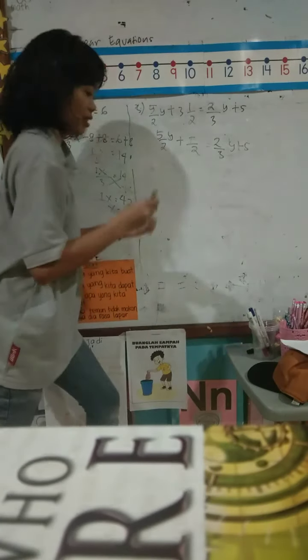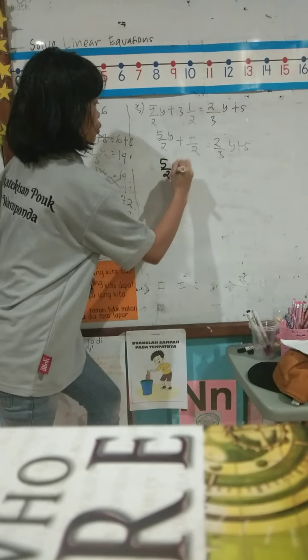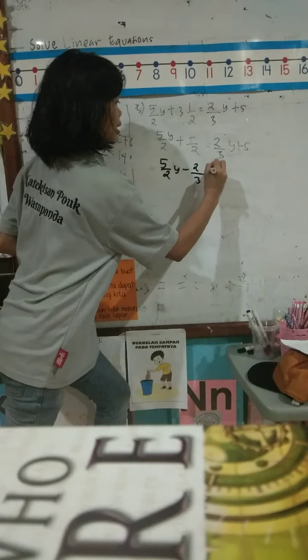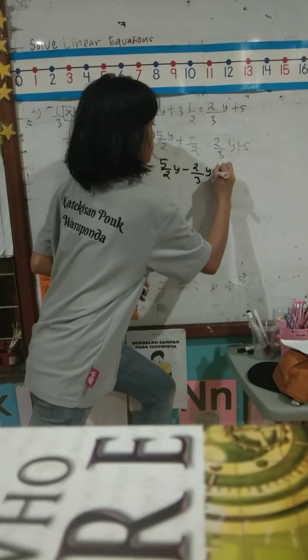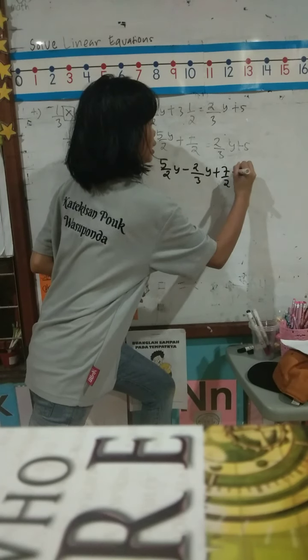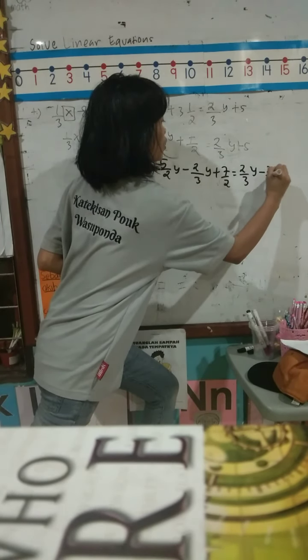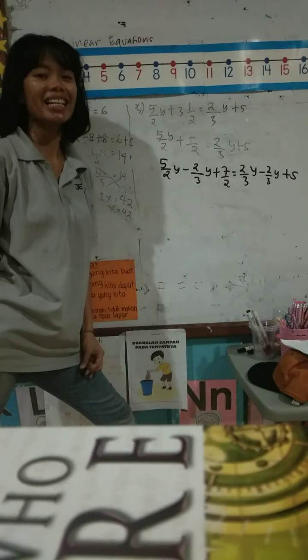So 5 out of 2y minus 2 out of 3y equals, plus 7 out of 2 equals 2 out of 3y minus 2 out of 3y plus 5. Next.